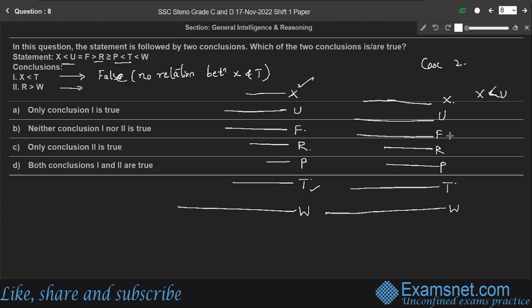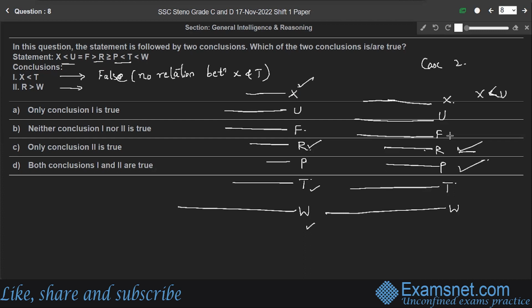Come to the second one, R strictly greater than W. Line R is here, W is here. R is greater than W. Since P is less than T, T is less than W, R is greater than P or equal to P. Though in the second case R and P are equal.